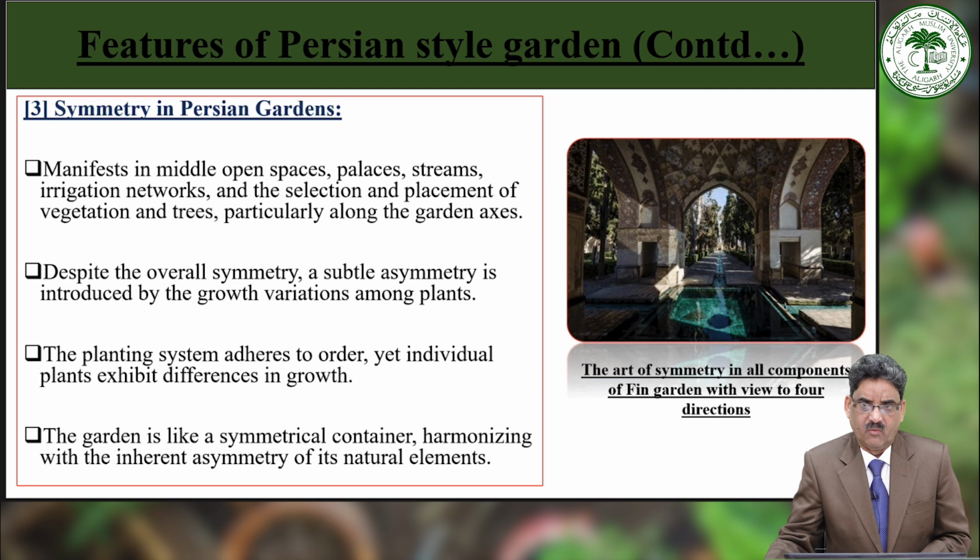However, within this apparent symmetry, the vegetation provides a slight eye-catching asymmetry. In spite of the order of the planting system of the garden, plants cannot equally grow and they will differ from each other.